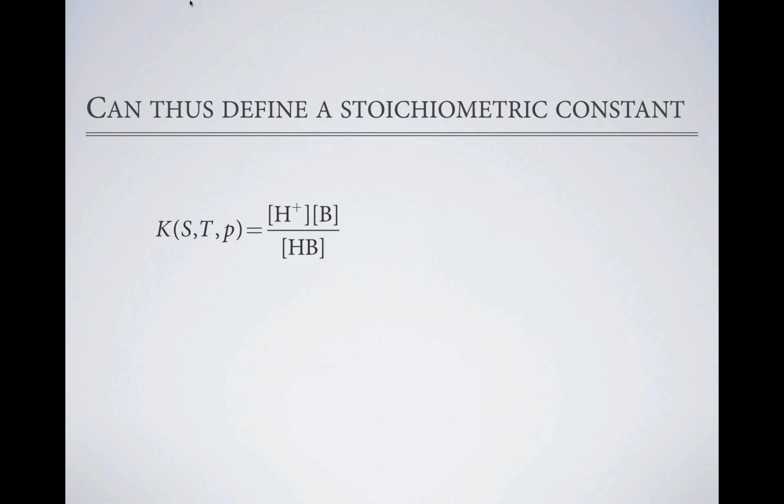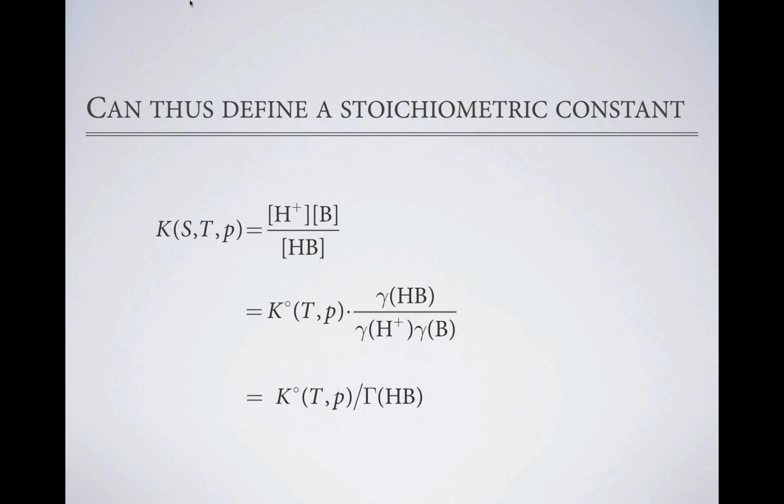So in seawater we define a stoichiometric constant, that is a constant that's just in terms of concentrations, and you can see that that is related to what we've talked about before. But if that activity coefficient term is a function of salinity, it's built into the constant in that way.